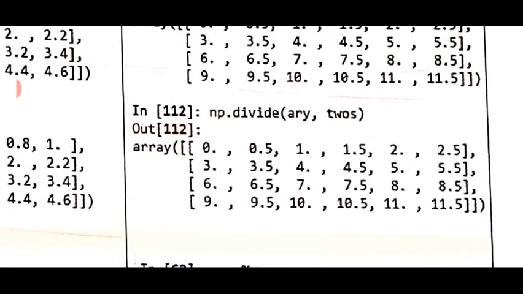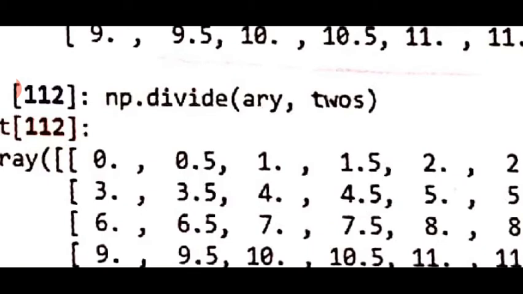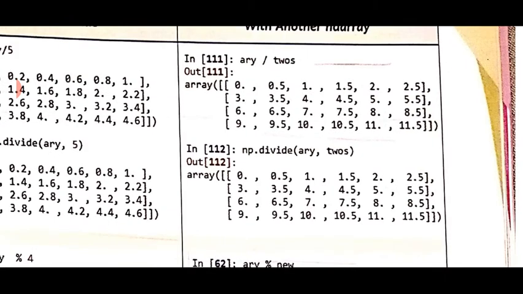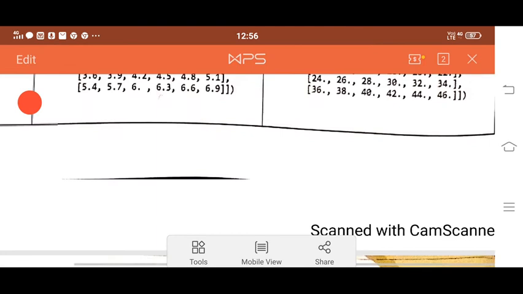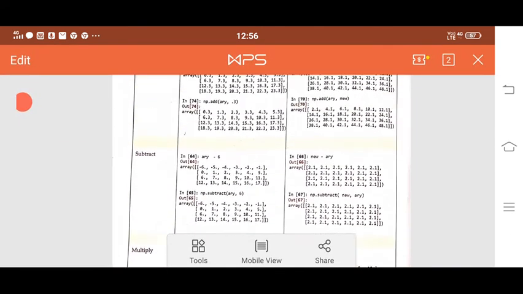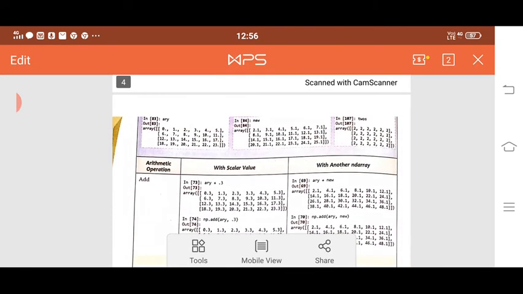And here on this side we are doing the same function with array versus array, which means dividing all the elements of ARY by the elements of twos. In this case the shape of the two arrays must be the same. When we are using two arrays, both arrays must have the same shape. You just see here these two arrays we are using, ARY and twos. What is the shape of ARY?